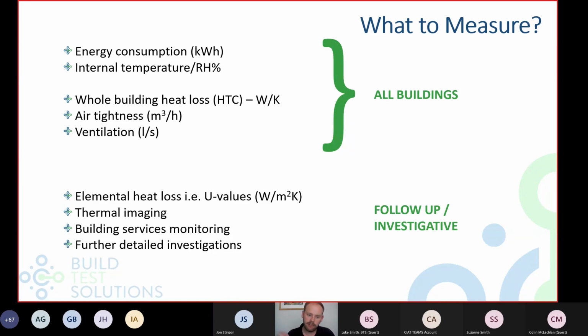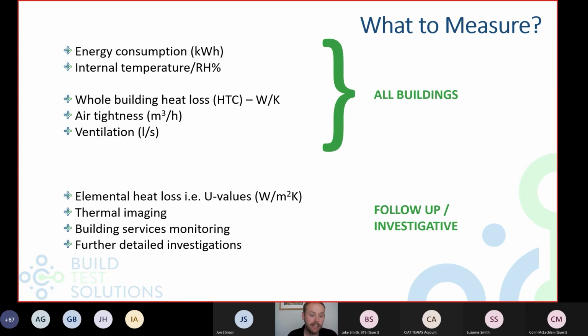But then there's also these intrinsic measurements of building performance. Quite a few of these charts have looked at the heat transfer coefficient. That's the whole building heat loss rate, so that's a rate of energy transfer per degree of temperature difference between inside and outside. And I think of that as the best first health check of whether a building is performing as you expect.